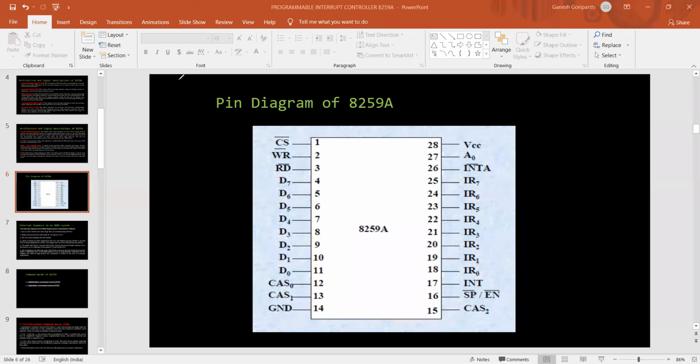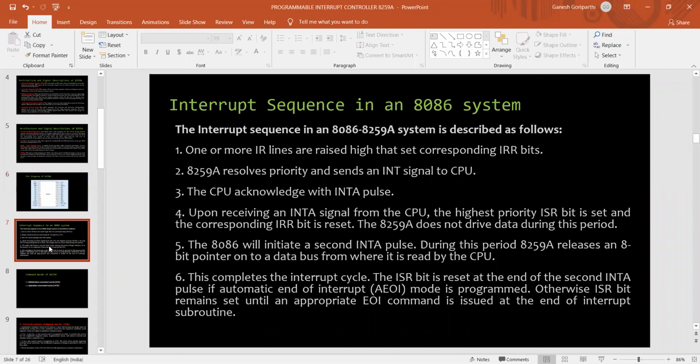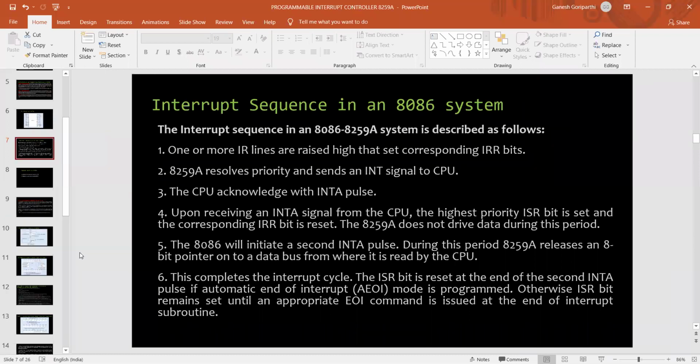Let us have a glance at the interrupt sequence, how the interrupt procedure takes place in the 8086 system in combination with the 8259.